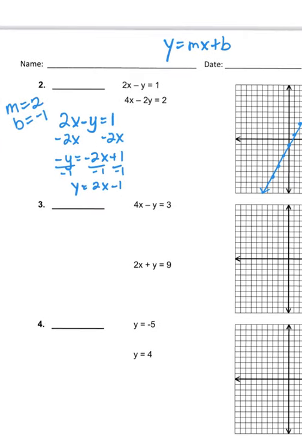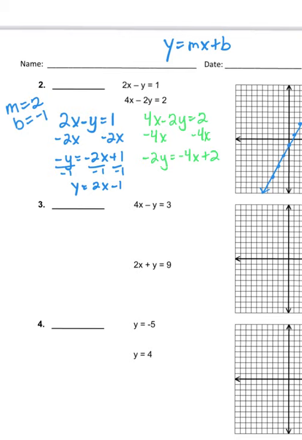Now let's take a look at this next line. I've got 4x minus 2y equals 2. Again, I need to put that into y equals mx plus b form. So I'm going to subtract 4x from both sides. I'm left with negative 2y equals negative 4x plus 2.